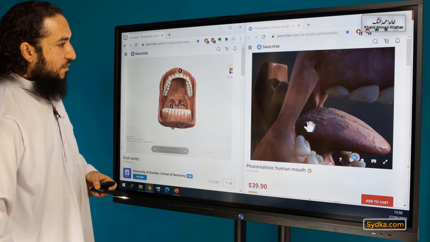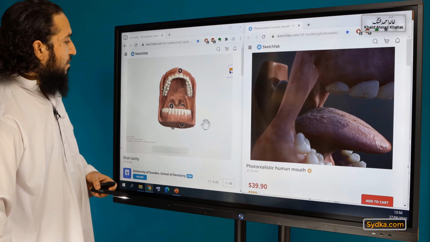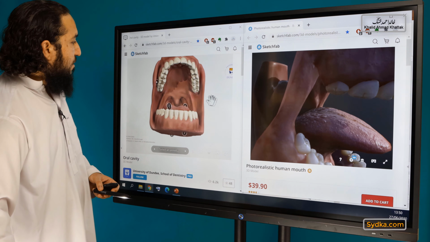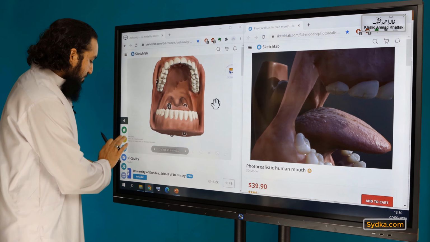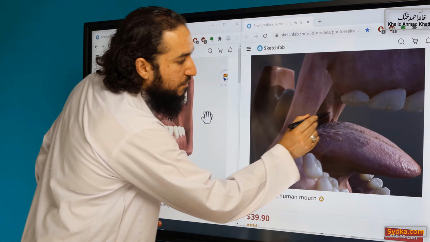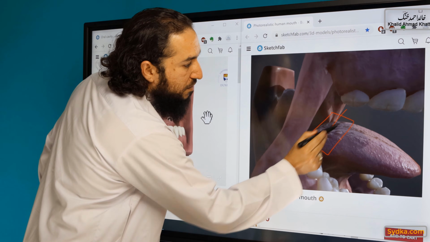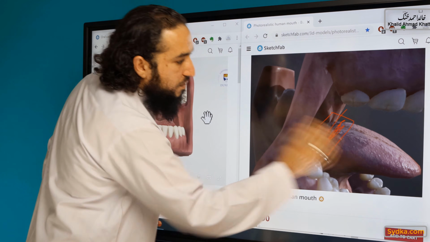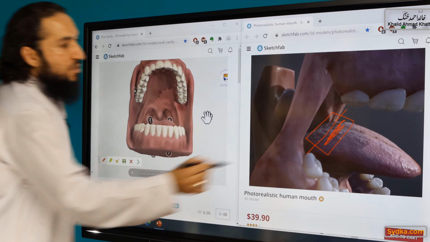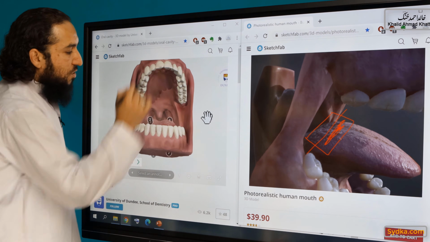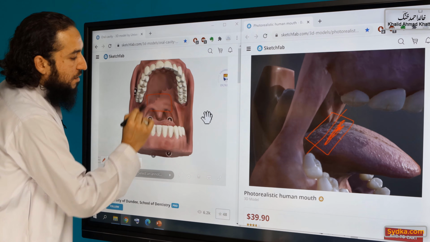See, that's the tongue. We have the deepest part of the tongue. This side is towards the mouth or towards the teeth, so that will be touching what is opposite to it, the soft palate.